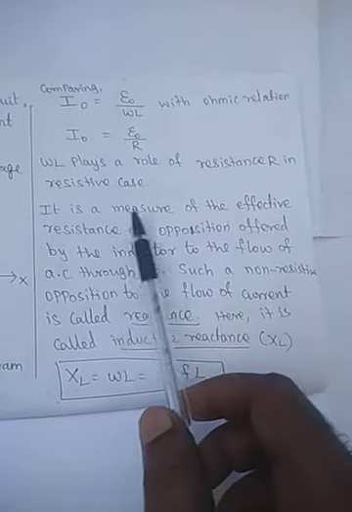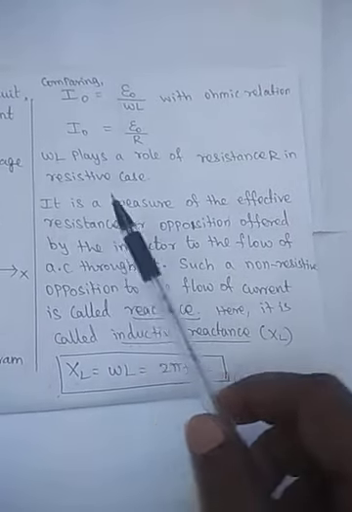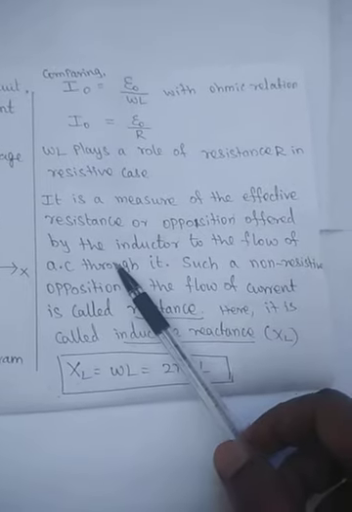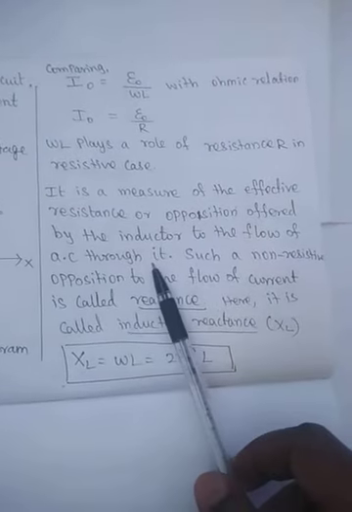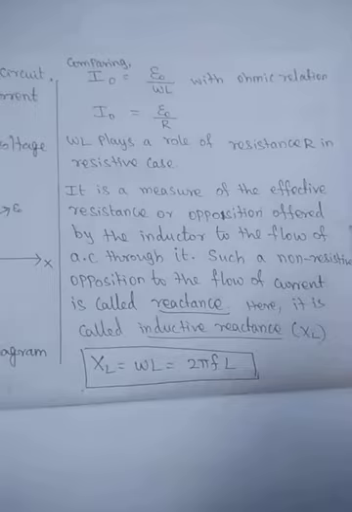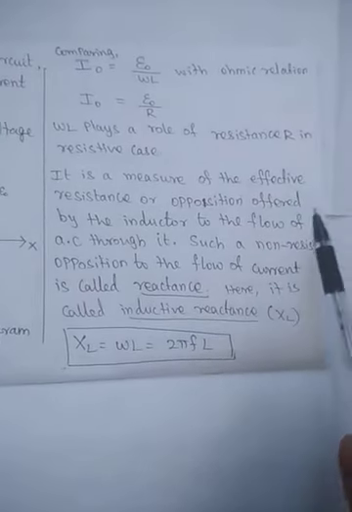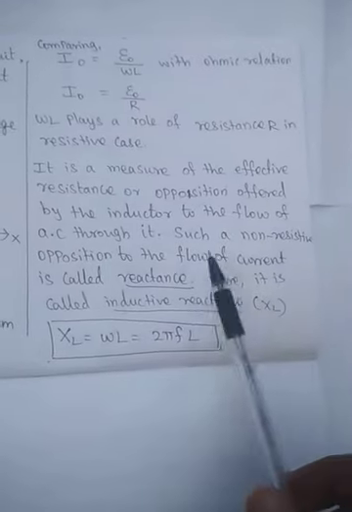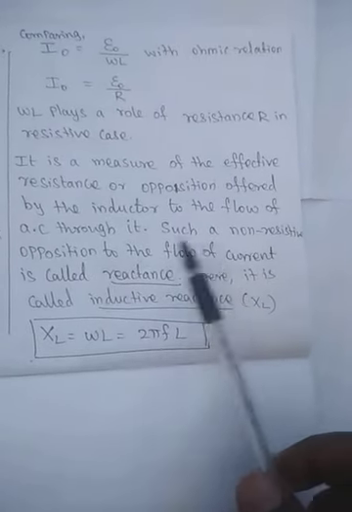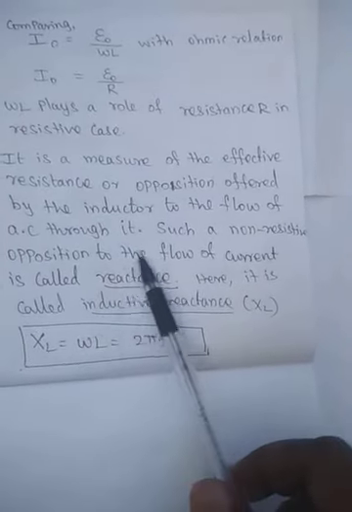So omega L is a measure of the effective resistance, or opposition, offered by the inductor to the flow of AC current through it because of the self-inductance process. By the self-inductance process, the opposition takes place. Such a non-resistive opposition to the flow of current is called reactance.